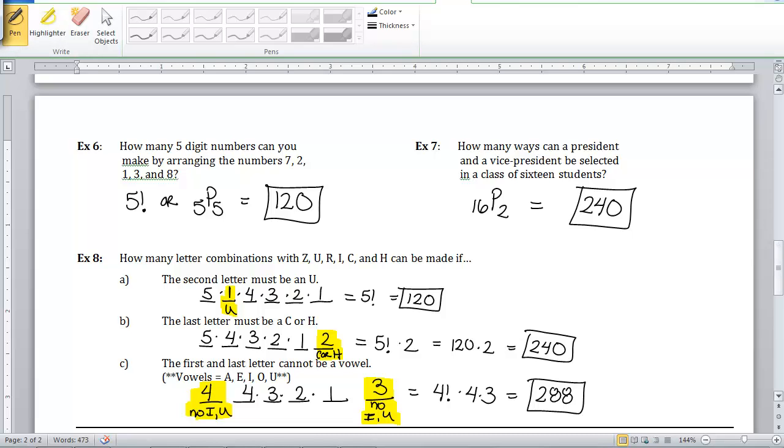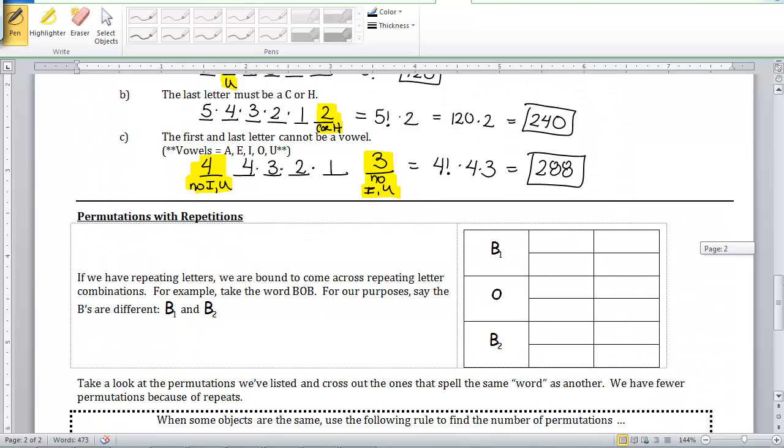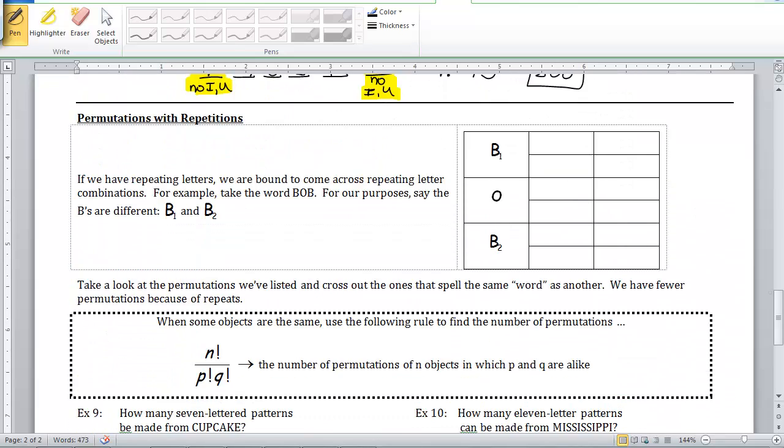Let's now look at permutations with repetition. Let's think about the name Bob. If we have repeating letters such as the B's in the word Bob, you can come across repeating letter combinations. Let's now write the different combinations we could have with the word Bob.